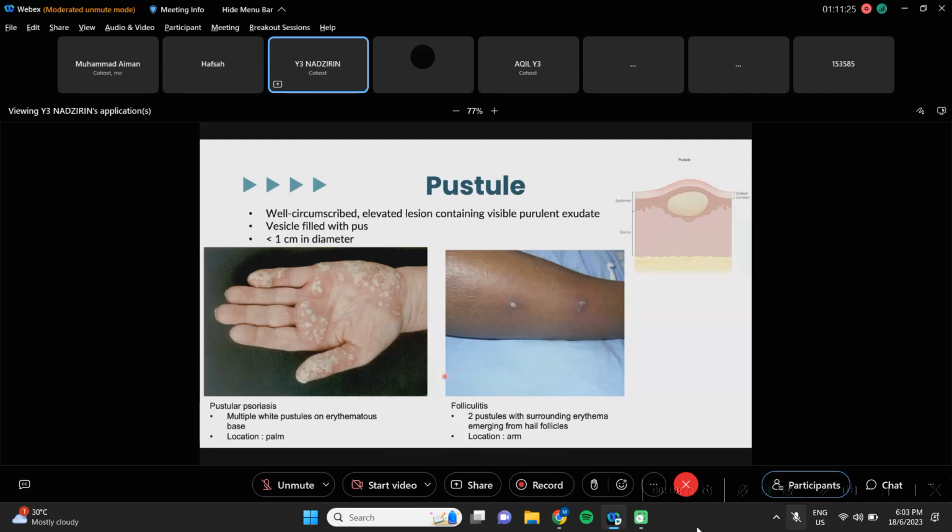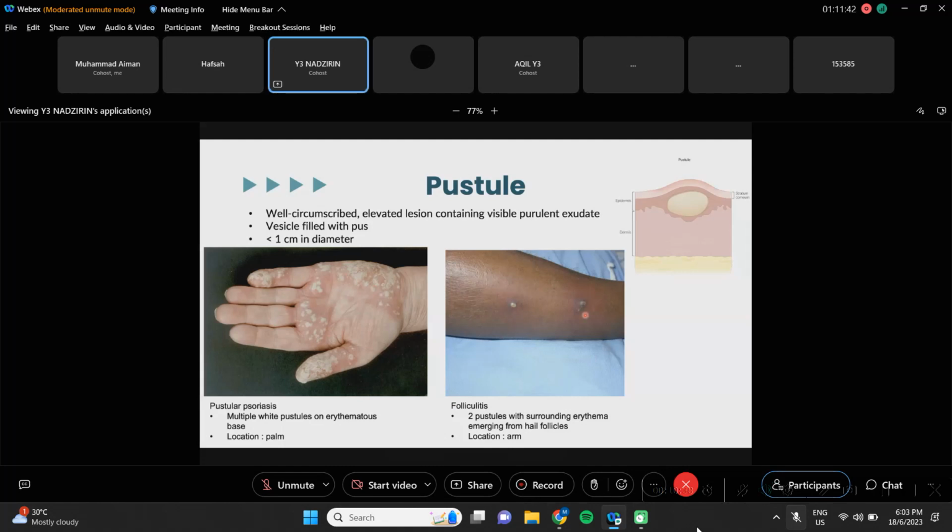And in folliculitis, we can see 2 pustules surrounded by erythema, with a hair follicle in the middle, emerging from the hair follicle.